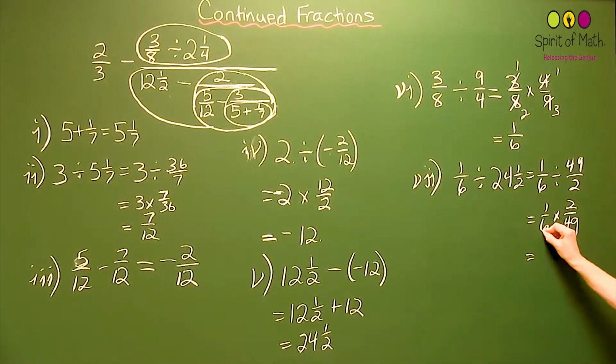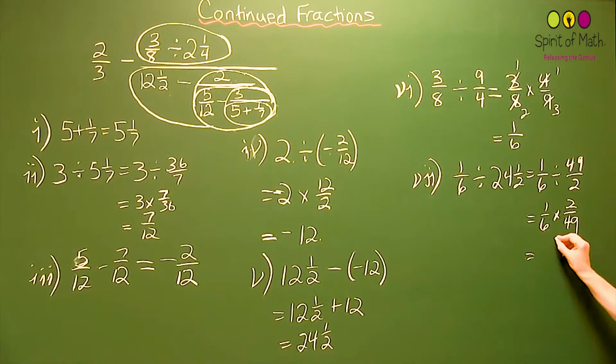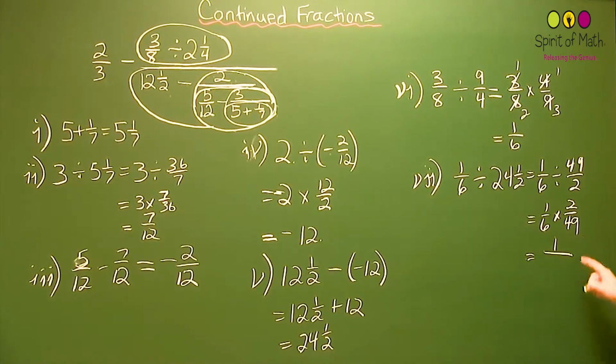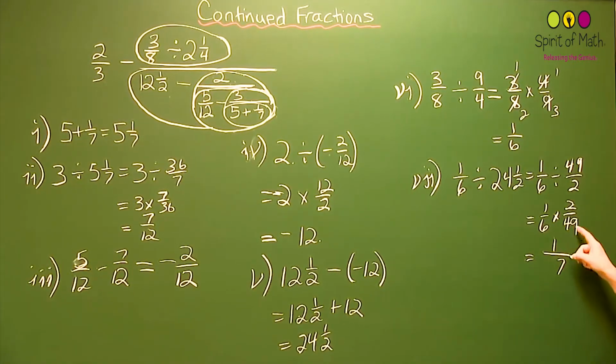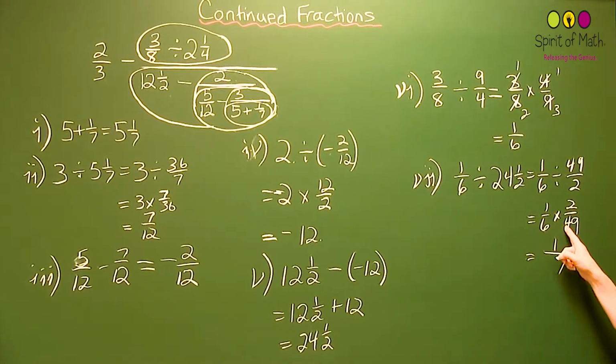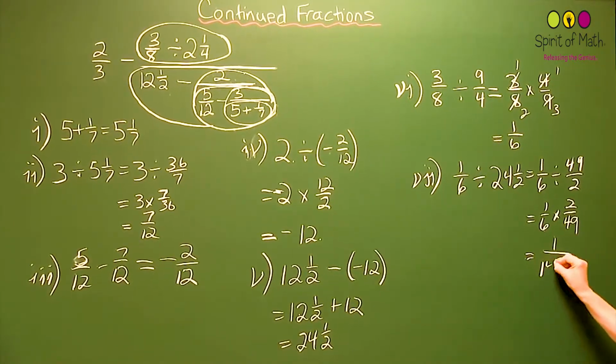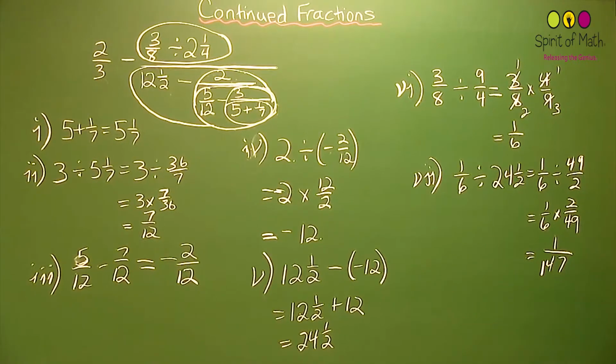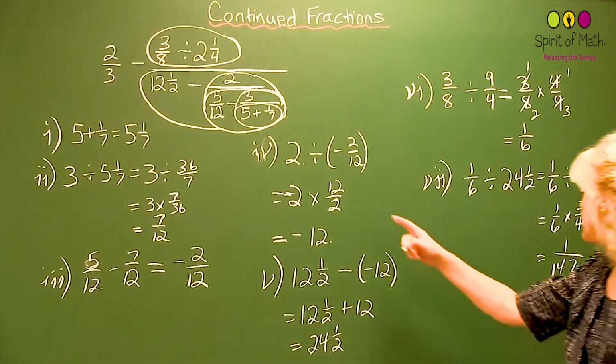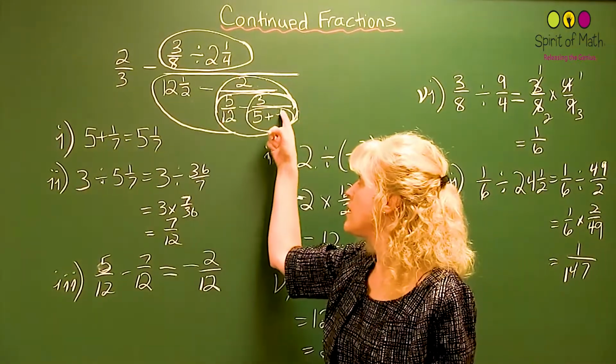And that is 3, and 3 times 49, so let's just do 1 over, and 3 times 9 is 27, 3 times 4 is 12, plus the extra 2 is 147, okay? So now this is all 1 over 147.